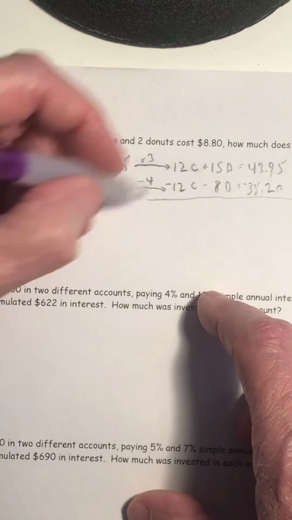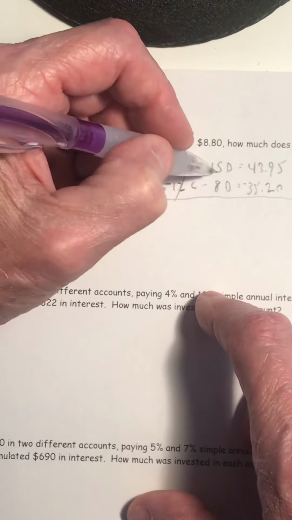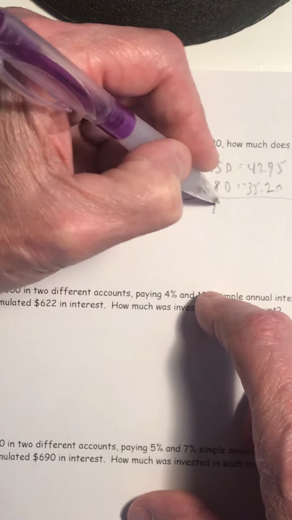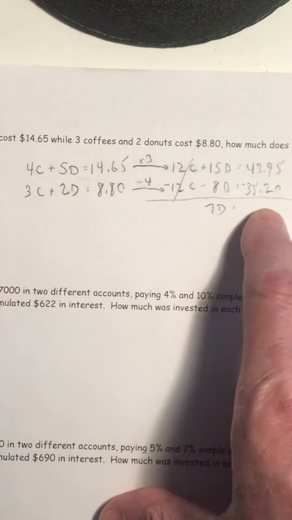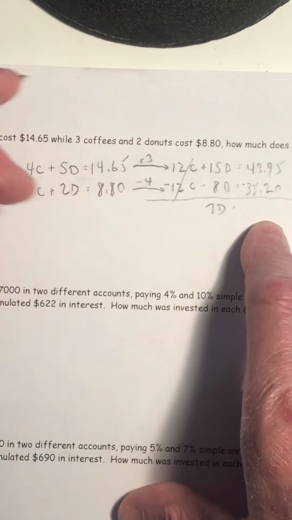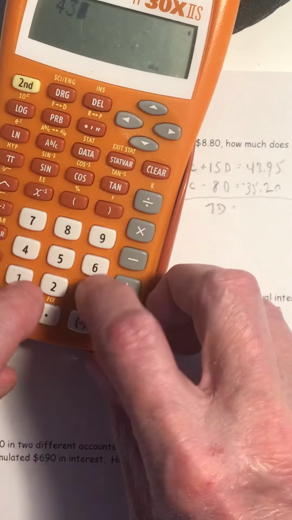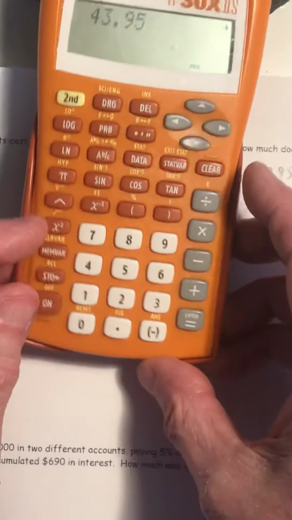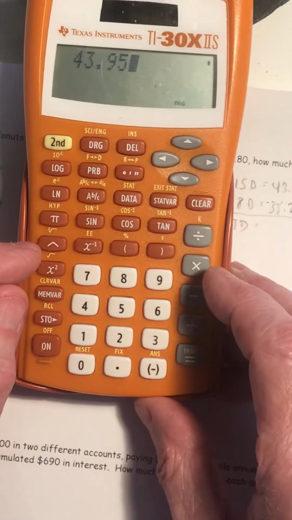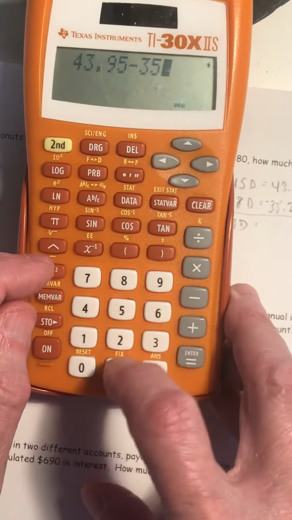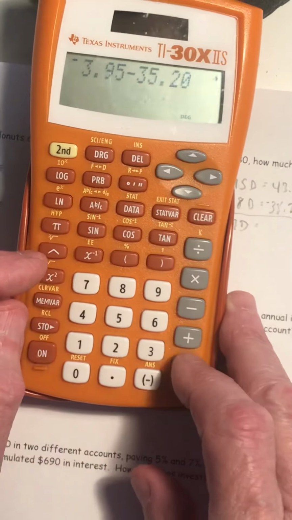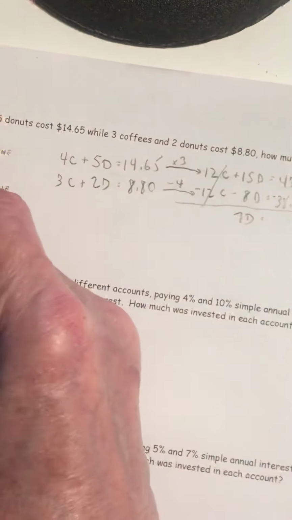Now we're ready to add. The C's cancel. 15 and negative 8 is 7. So 7D, 7 times D, or 7 donuts would cost, whatever this adds up to. So 43.95 minus 3520, or plus negative 3520, is 875.